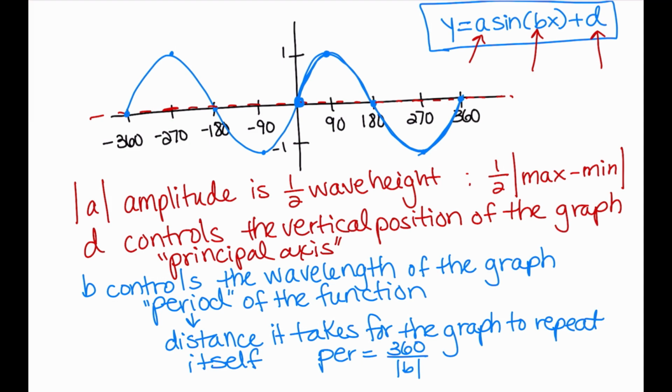To figure out the value of B, the period is 360 degrees divided by the absolute value of B. So that's how you can determine the value of B. Or if they give you B, then you can figure out the period by going ahead and doing 360 divided by B. So in the graph that you have in front of you, what you have graphed are 2 periods. So here we have 2 full cycles of this sine graph.